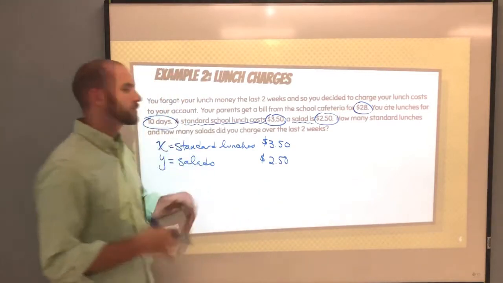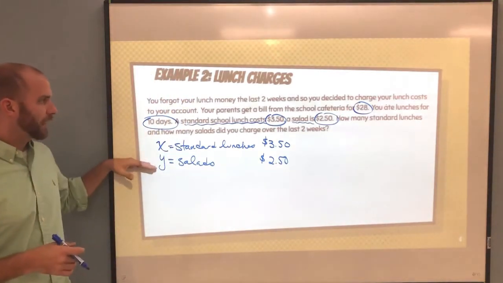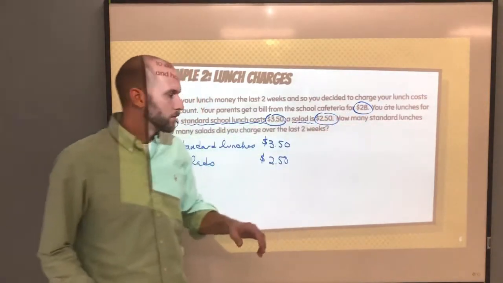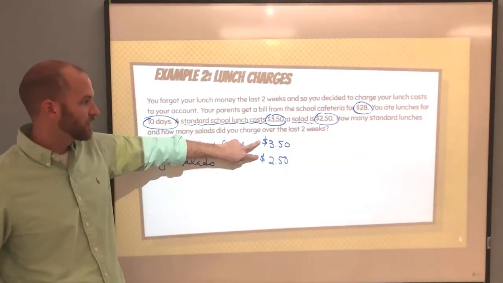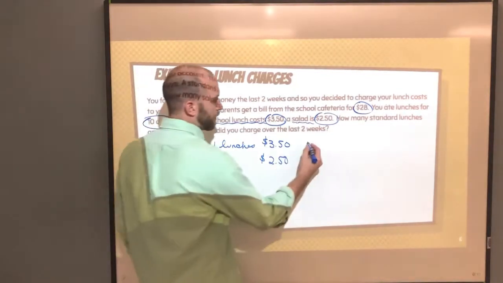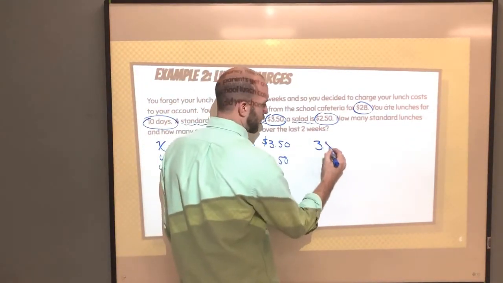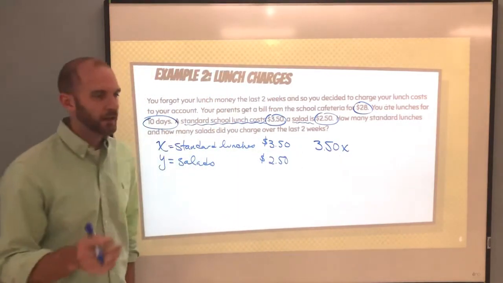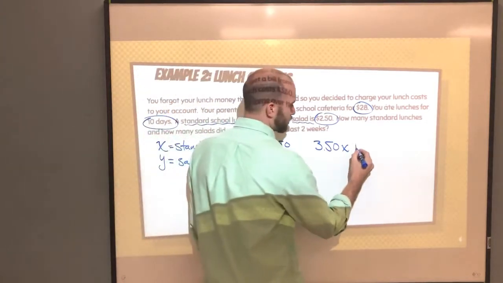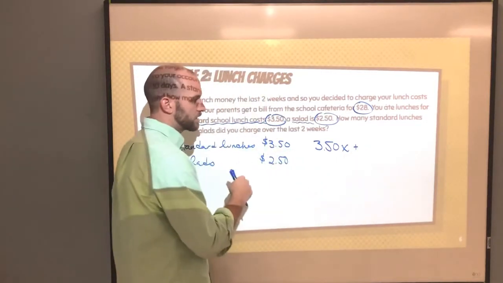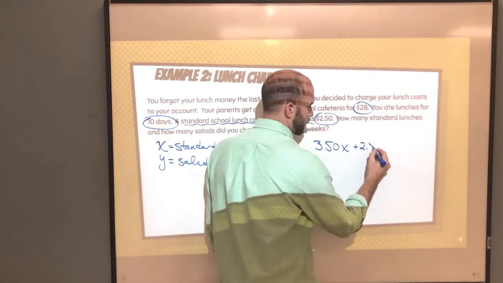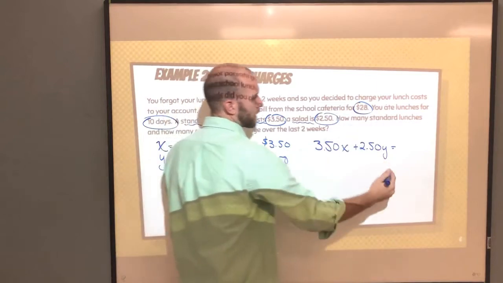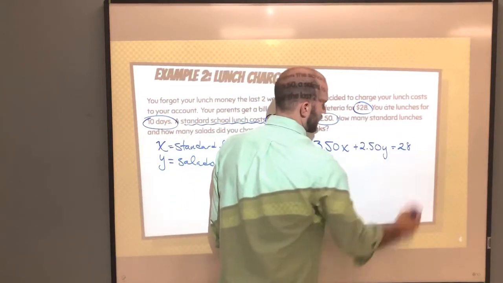Okay? Now let's make a couple equations in terms of what we know about X and Y, right? The $28 piece tells us that we should work with these dollar amounts. If I'm finding out how much money I spent on regular lunches, I would do $3.50 times X. And if I figured out how much I was spending on salads, that would be $2.50 times Y. But the total of these two has to add up to my total dollar amount, which was $28.